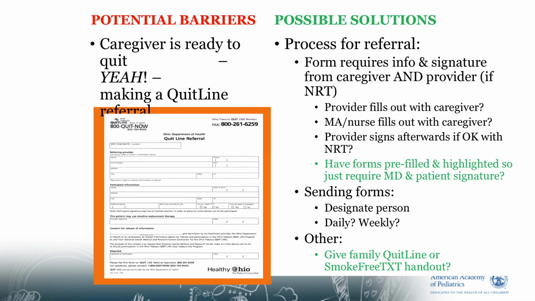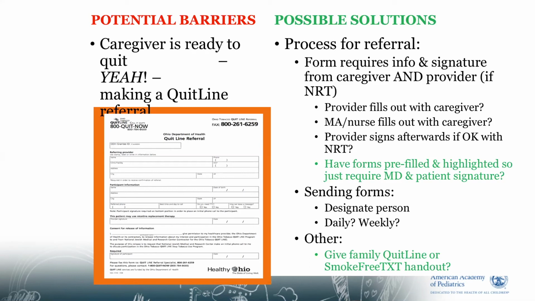At the end of the day, they faxed their QuitLine referrals to QuitLine. That may not be the solution for your clinic, but it is one way a lot of clinics were able to help streamline this process.